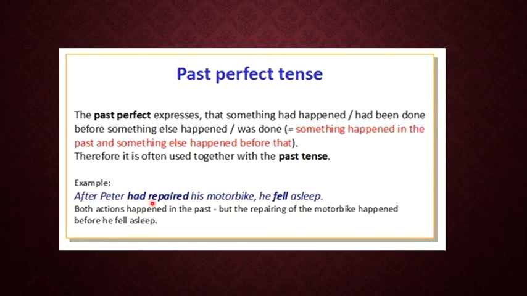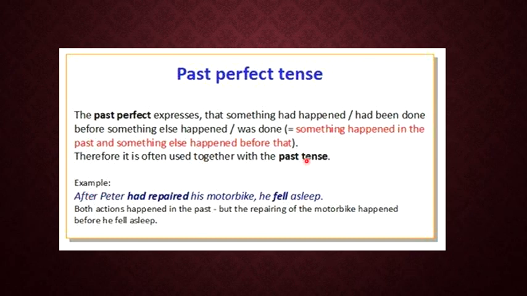After Peter had repaired his motorbike, he fell asleep. So that means the action of repairing happened first and then he fell asleep. Both the actions happened in the past, but the repairing of the motorbike happened before he fell asleep. Alright? Now if you see again, we are using the word after here.